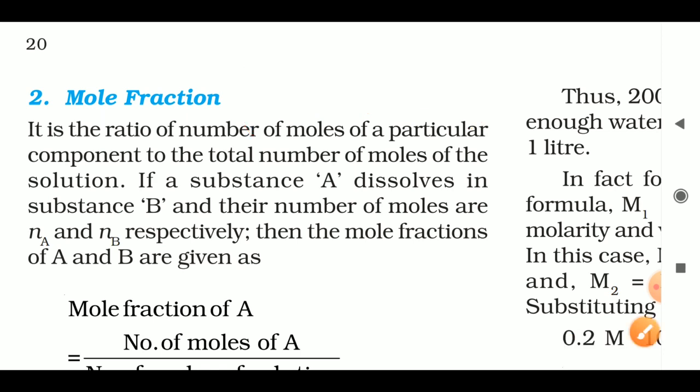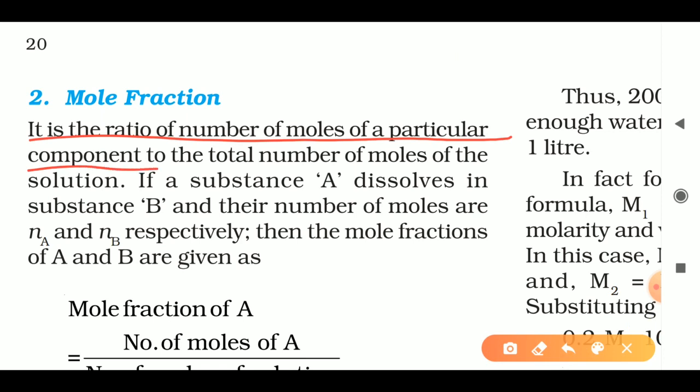Now, it is the ratio of the number of moles of a particular component to the total number of moles of the solution. If a substance A is dissolved in a substance B and their numbers of moles are Na and Nb respectively, then the mole fractions of A and B are given as follows.